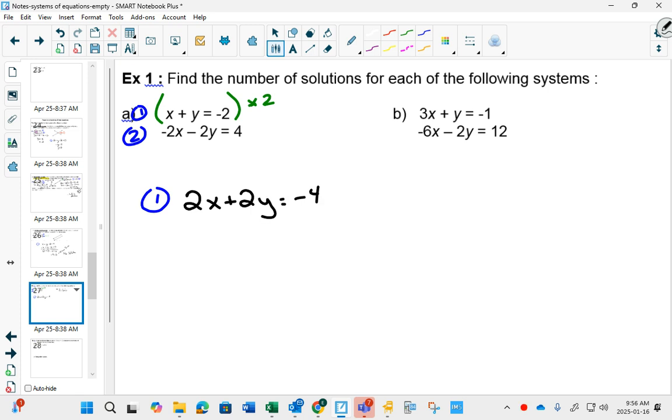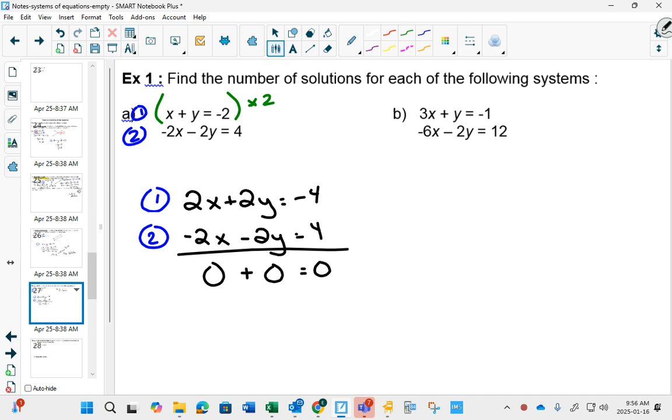And equation 2 stays the same, is still -2x minus 2y equals 4. Add things together. 0, plus these ones eliminate as well. -4 plus 4 equals 0. What kind of system is this?